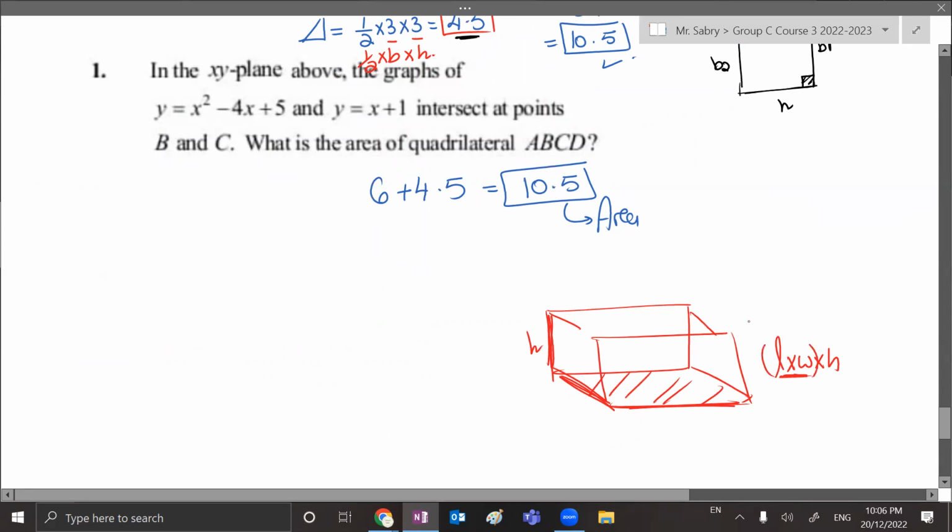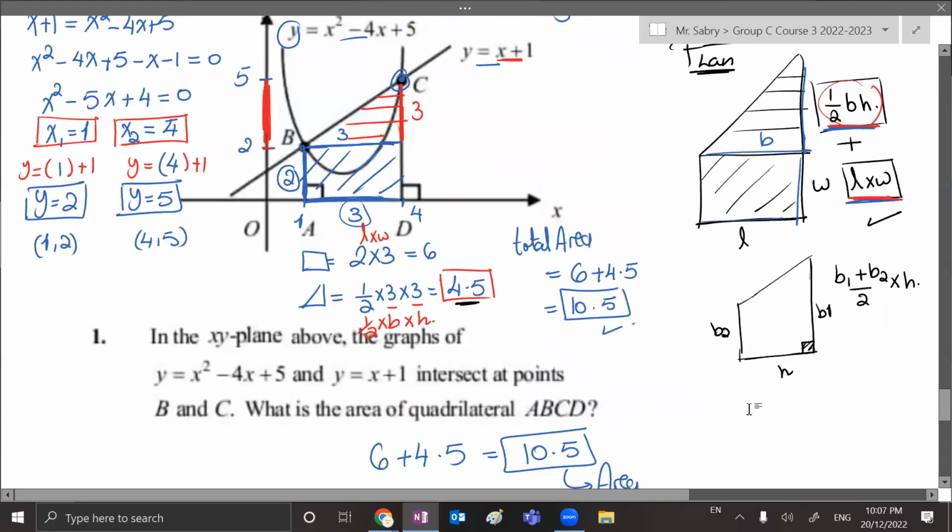So length times width times height دي جت من الفكرة of the volume: area of base times height. لما بصينا على البيس لقينا rectangle، جبنا له الاريا ب length times width. فاللي احنا حافظينه ان الاريا بتاعت اي rectangle length times width.